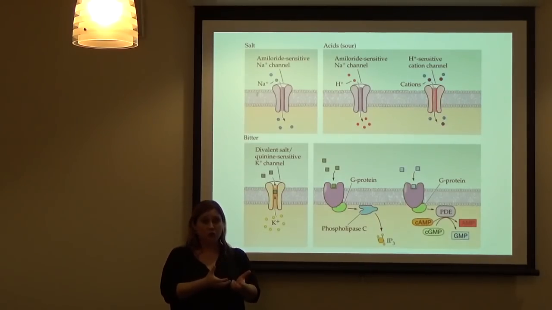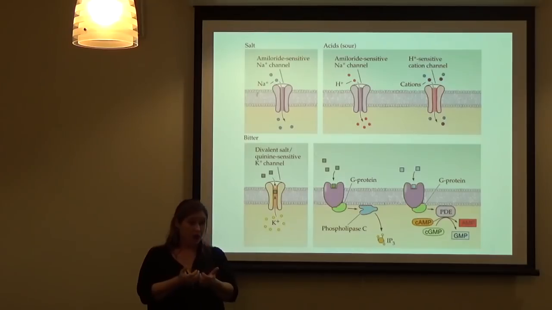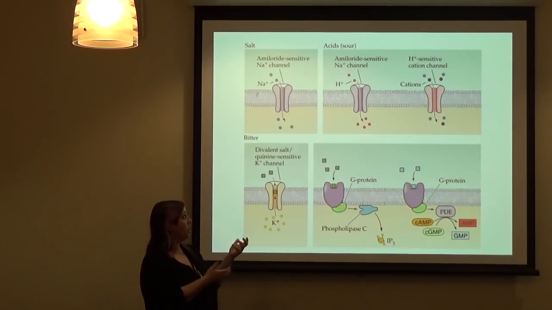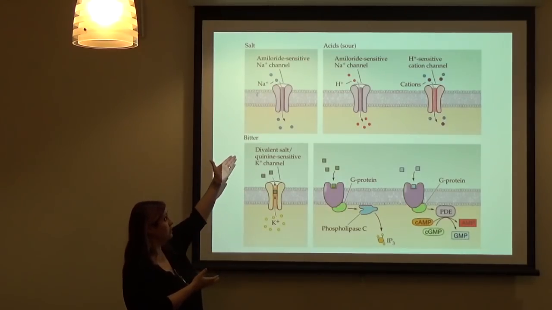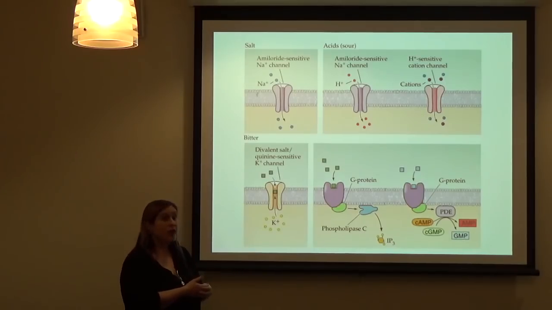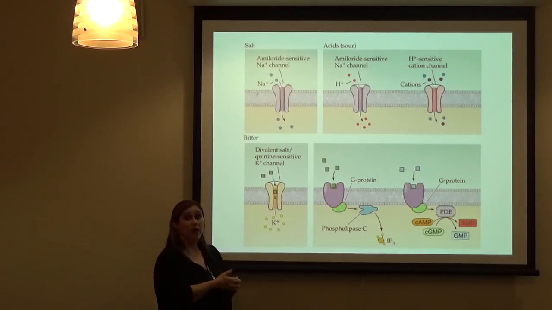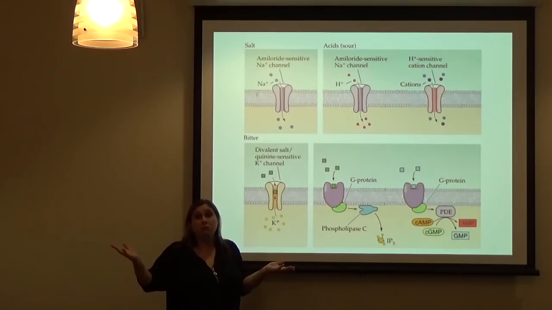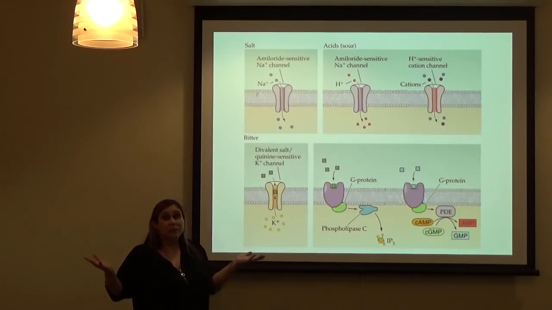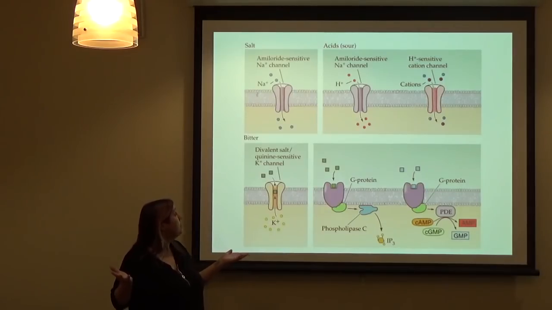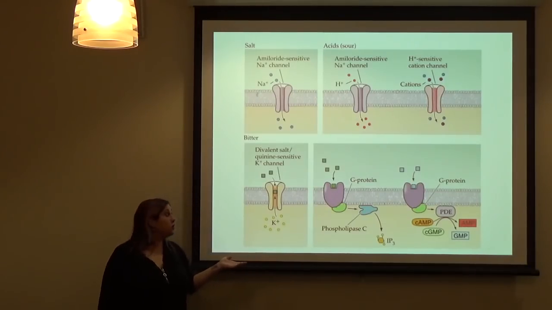So salt is a chemical that contains ions that your body can process. And so when salt is on your tongue, it's as simple as the sodium coming into the ion channel and depolarizing the cell. And that's as simple as transduction in a salt receptor.